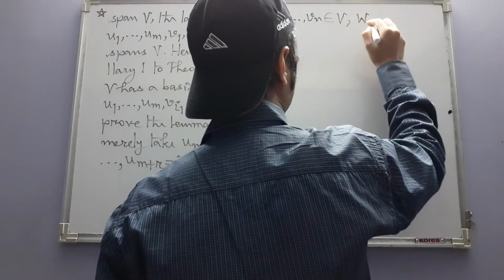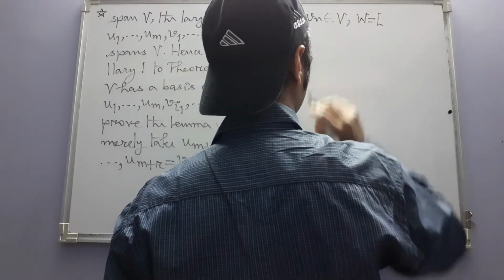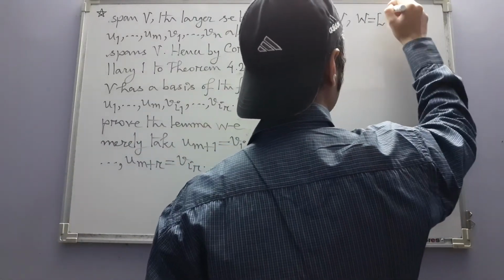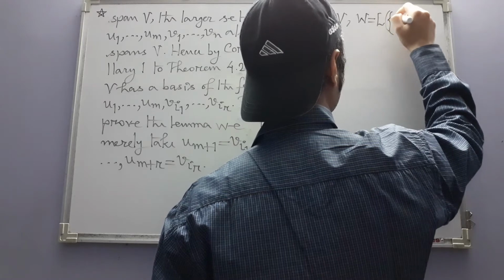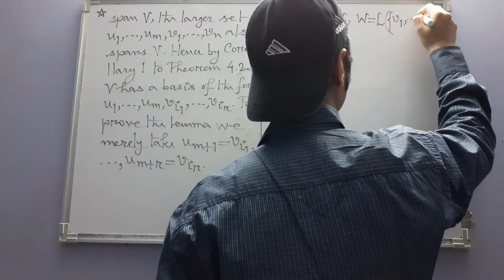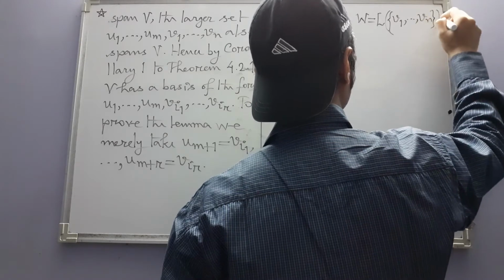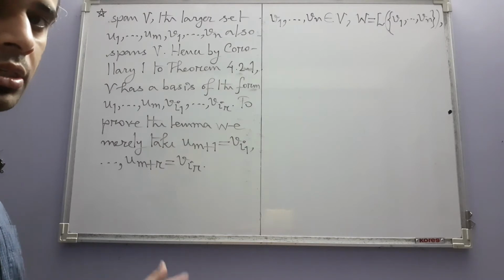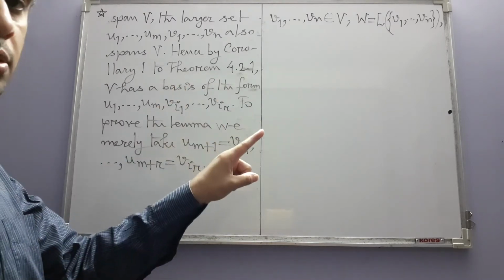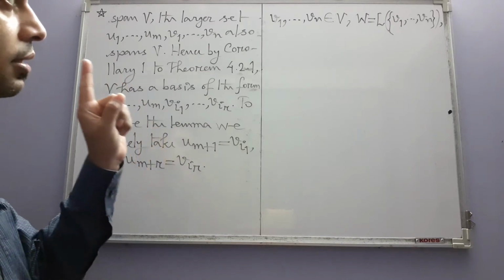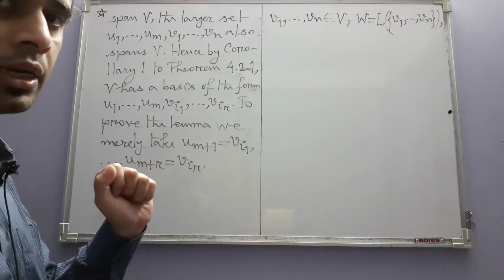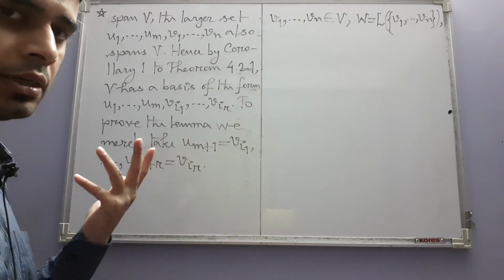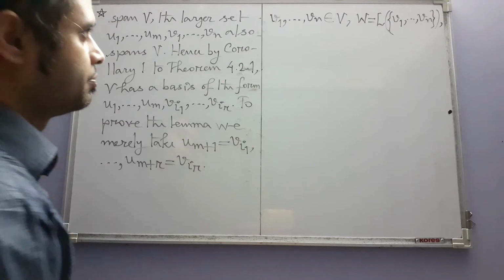And it is given that W is the linear span of these vectors. Okay, so these are some vectors in a vector space V whose linear span is W. W, however, is bound to be finite dimensional because it is being spanned by finitely many vectors, and in fact that is the definition of finite dimensionality.